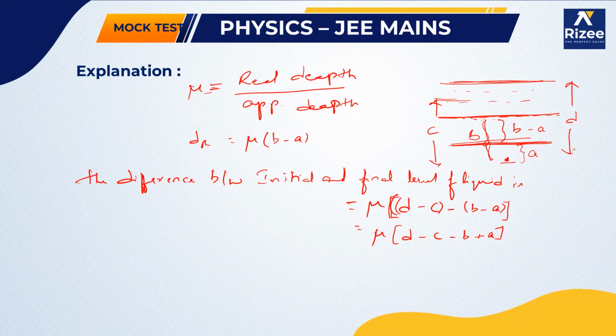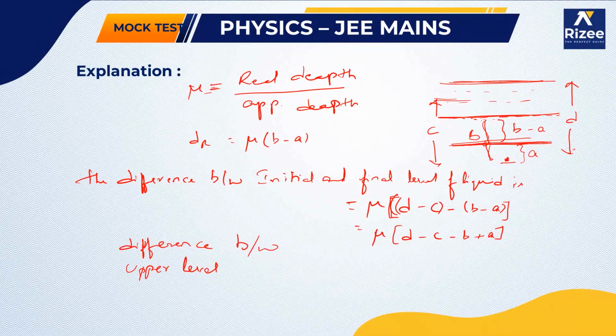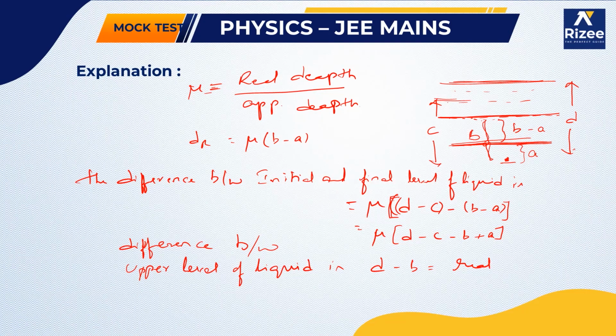Since the liquid is added in the second case, the difference between the upper levels of the liquid is D minus B. This behaves as the real depth.